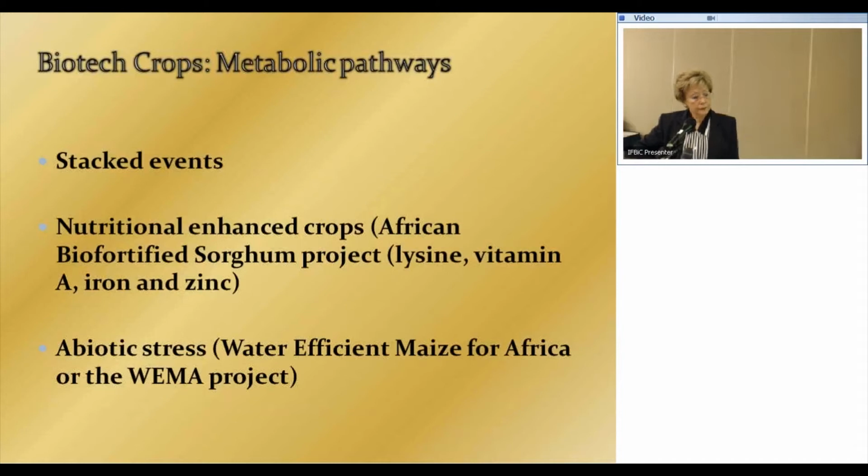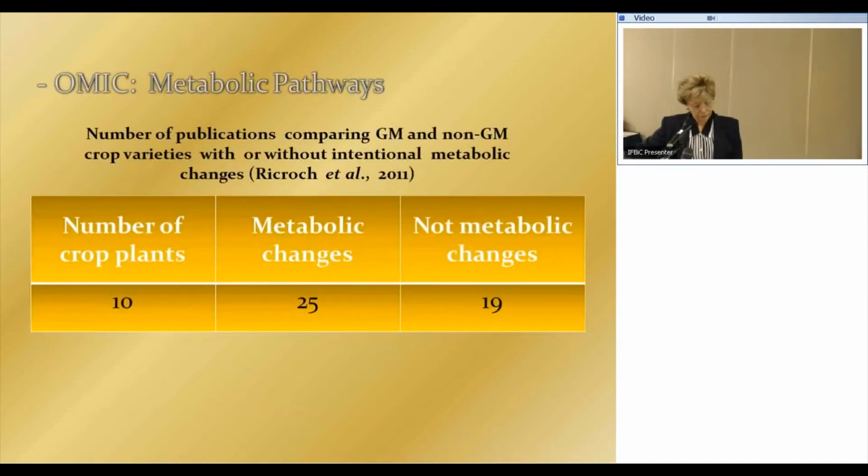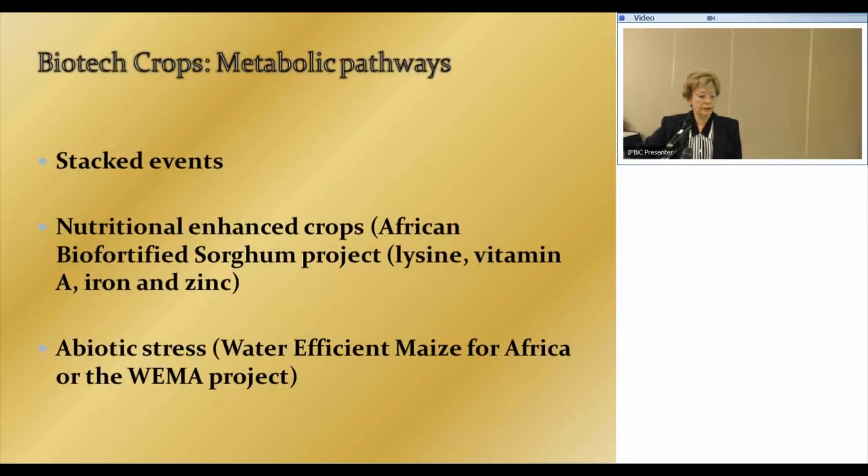Then the metabolic pathways and all these come into question. I don't go into that. I just mention the nutritionally enhanced crop, the African Biofortified Sorghum Project, a consortium of a number of research institutes conducted in a number of countries, working on enhancement of certain elements: lysine, vitamin A, iron, and zinc.